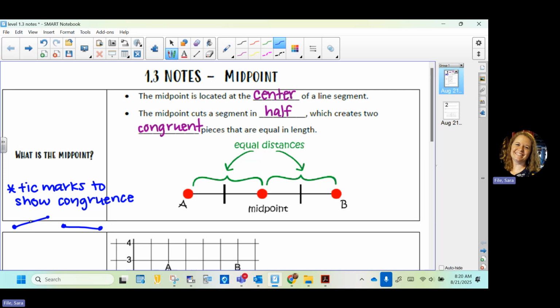For example, I could have 2 tick marks here and 2 tick marks here. That would mean those 2 segments are congruent. On our image here, they put 1 and 1. You can put however many tick marks are needed. Some figures have lots of sides, so you'll see different amounts of tick marks, but you're looking for the ones that match. So 1 and 1 means these are congruent, or 2 and 2 means these are congruent.